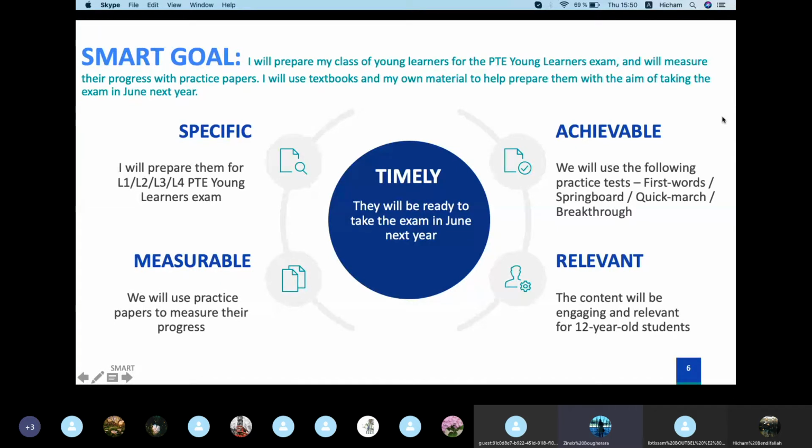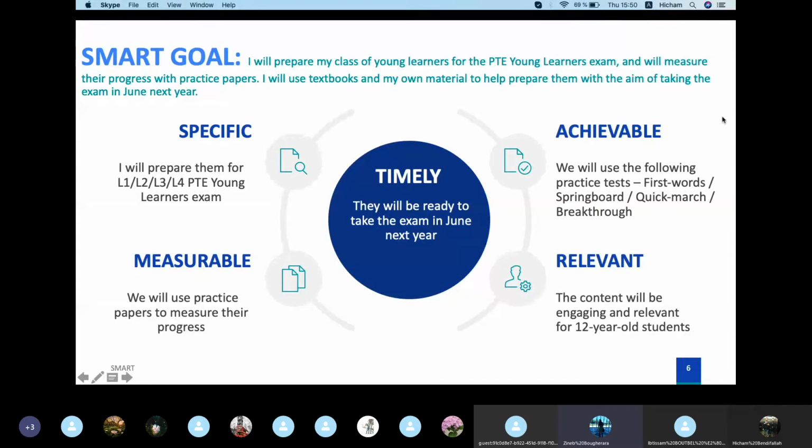In addition to that, we have to take into consideration the age. Here, we are dealing with 12 year old learners, and taking into consideration the proficiency level and the speed of learning, this goal should be time-bound, that is to say they will be ready to take the exam in June next year. Here, we want to say, well, when will you accomplish your goal?